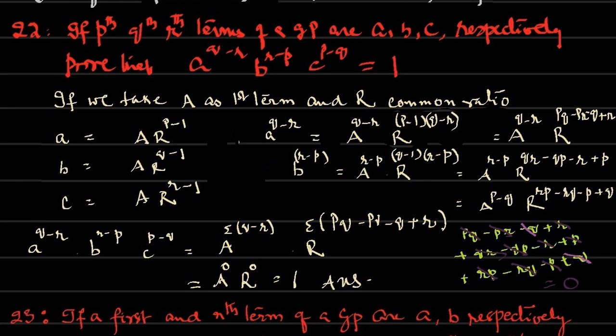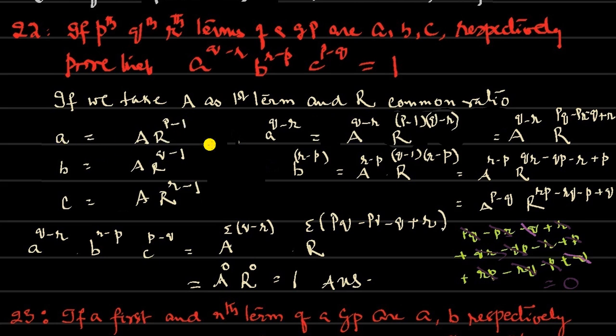If we take capital A as first term and capital R as common ratio, a is the pth term, right? a equal to capital A times R to the power of p minus 1.